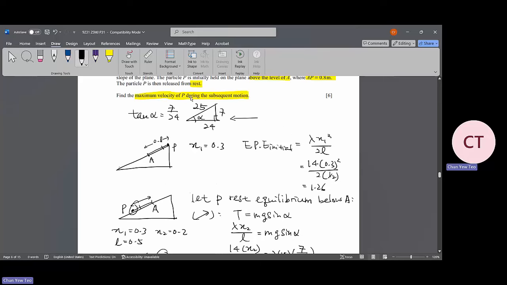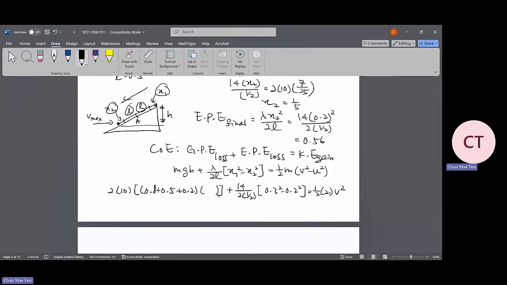Sine alpha from here is 7 over 25. So just put 7 over 25 and press everything with your calculator. You get v squared is equal to 9.1. So your v is the square root of 9.1. You can get the answer 3.02. Done. So this will be the answer for question number 5.